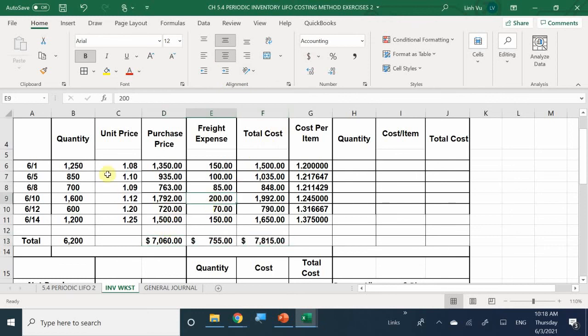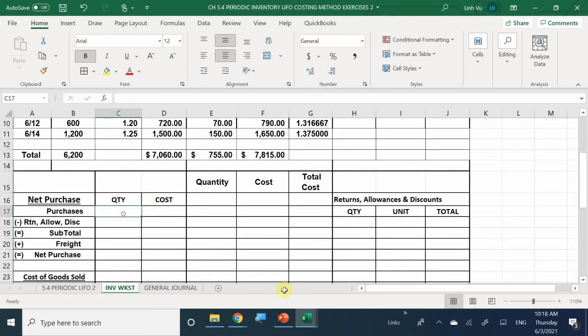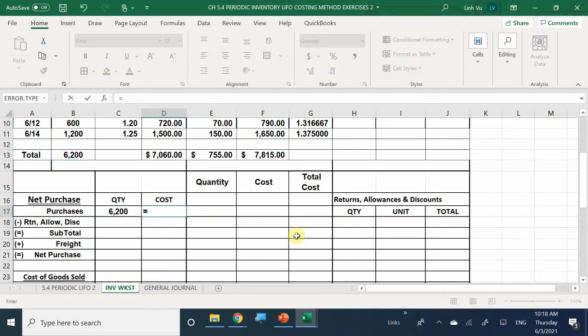Okay. All right. So now that we have our information, let's plug in our numbers. We purchased a total of... what was my total cost for my purchases? 7,060.